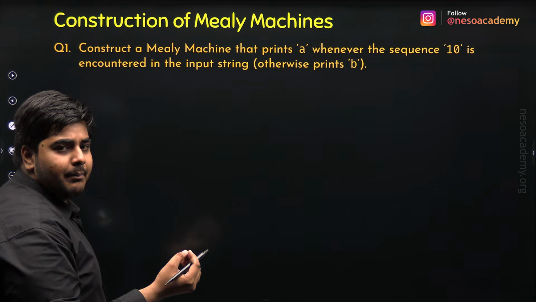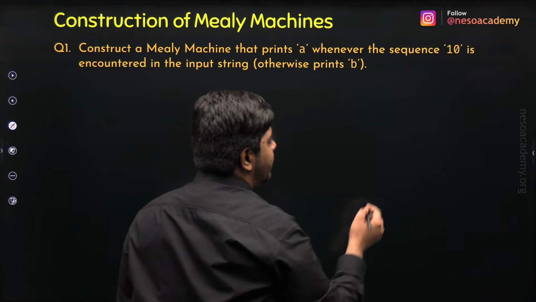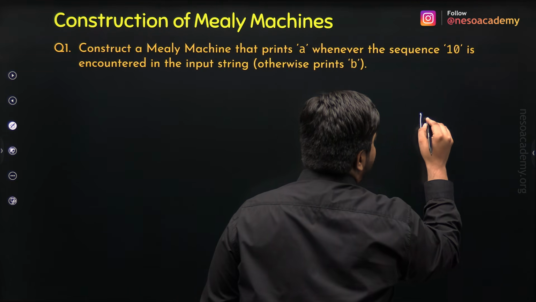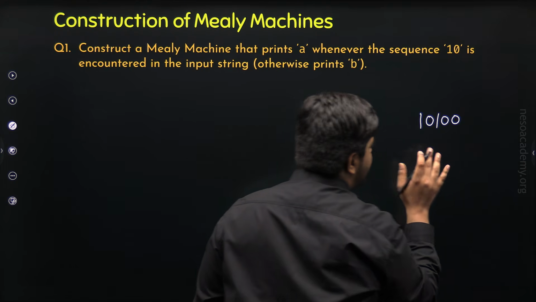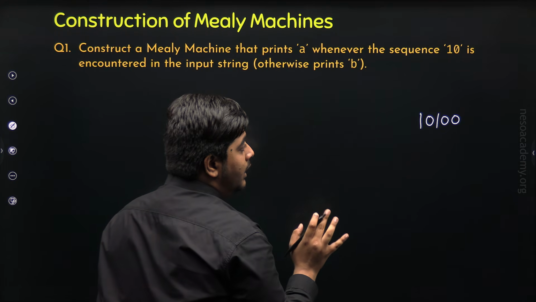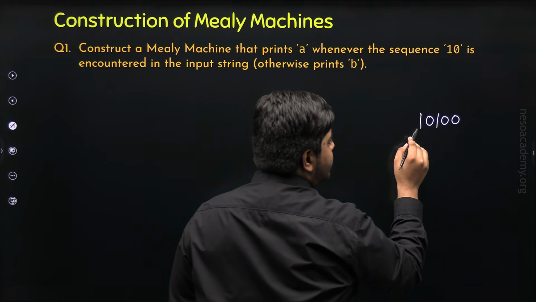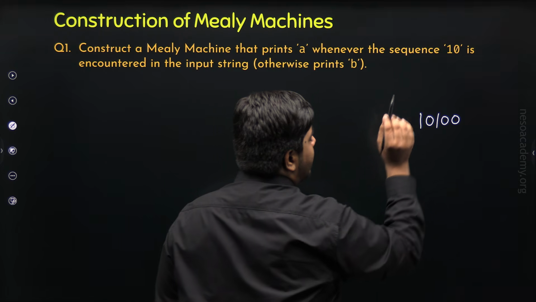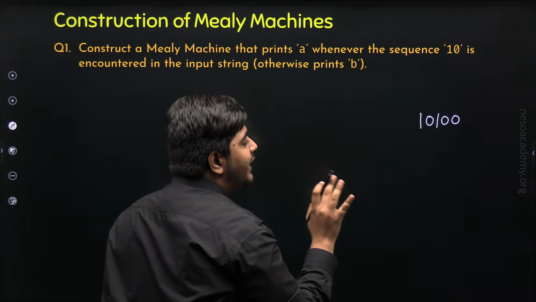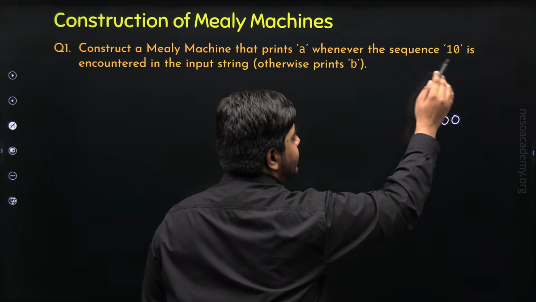So let's take an example. Suppose we have an input string 1, 0, 1, 0, 0. Now, the first input symbol is 1. 1 is not equal to 1, 0. That means, till now we have not got the sequence 1, 0.